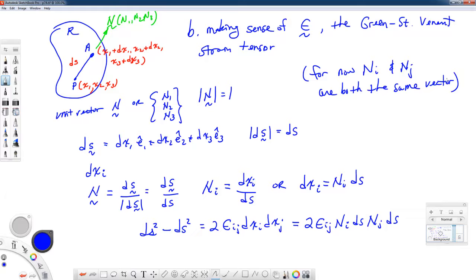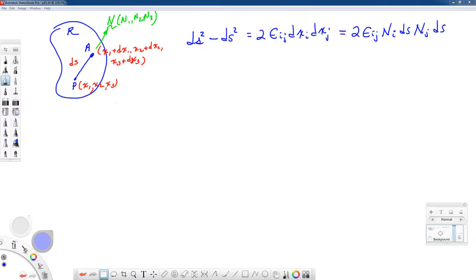Alright, let me make a little bit of room. We're going to do a little bit of manipulation on the far left side of this equation and the far right side. On the far left side, I'm just going to write it down, d script s squared minus ds squared. And we're going to group some terms. So we have 2 epsilon ij ni nj ds squared, since we have 2 of these terms.